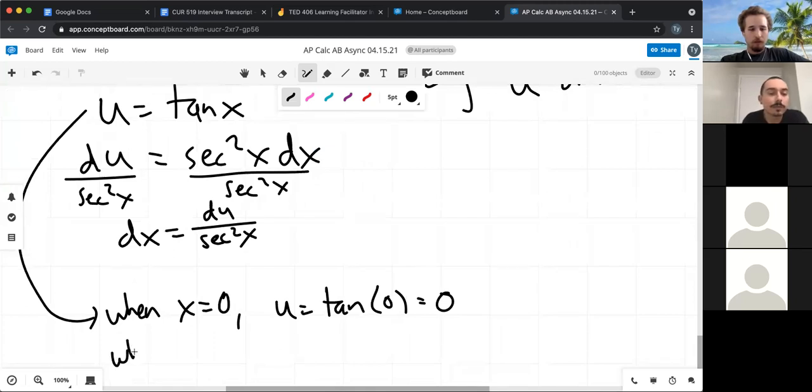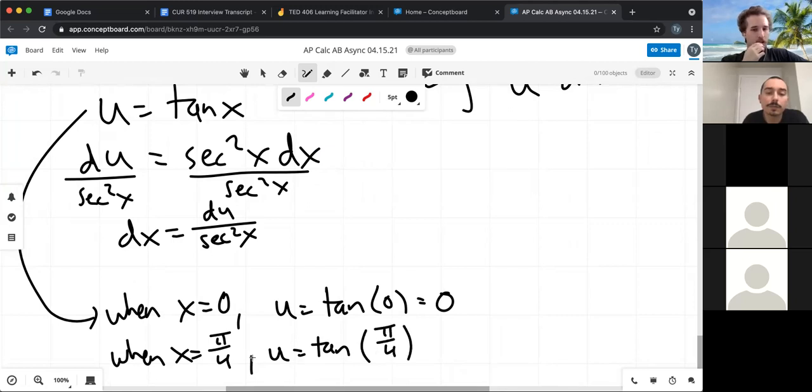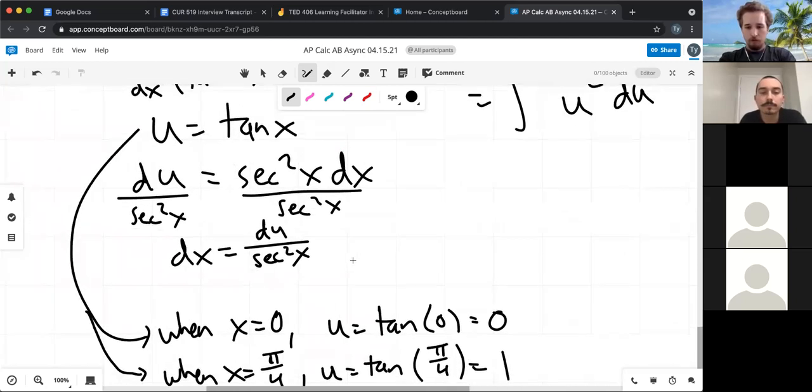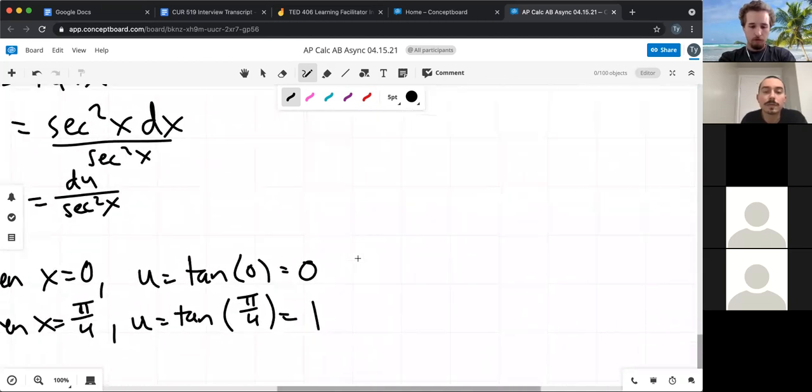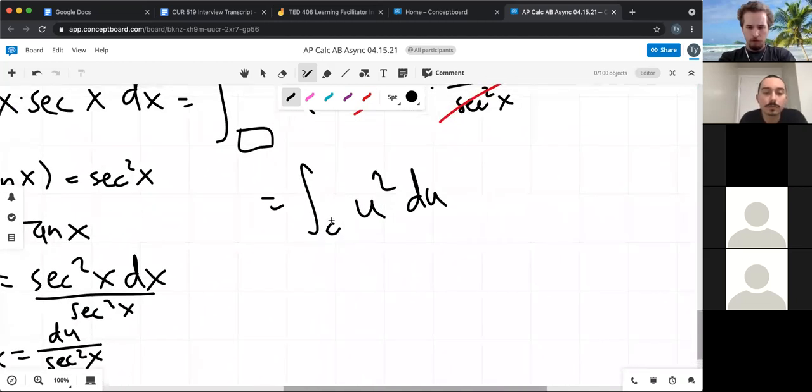Similarly, when x was our other limit, pi over 4, u is tangent of pi over 4. And from our unit circle or reference table, whichever one you want to use, tangent of pi over 4 is 1. So our new limits of integration are 0 to 1.